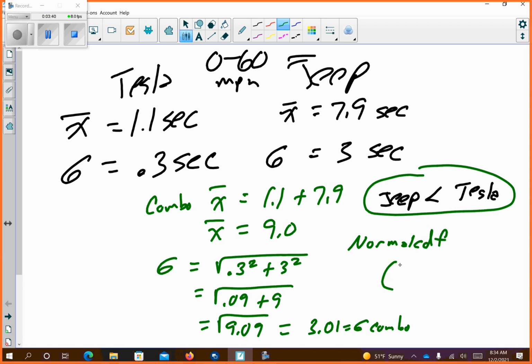And then, let me make sure I do this right. Where am I getting that from? Oh, what is standard and mean standard deviation? Oh, I just lost train of thought. I'm sorry. So what is the chance?